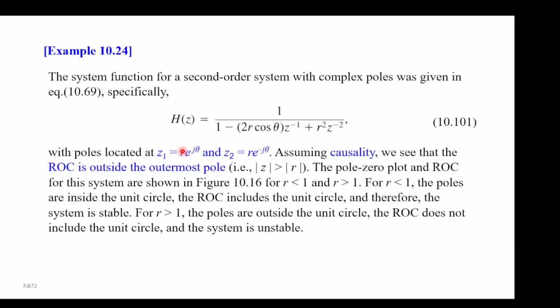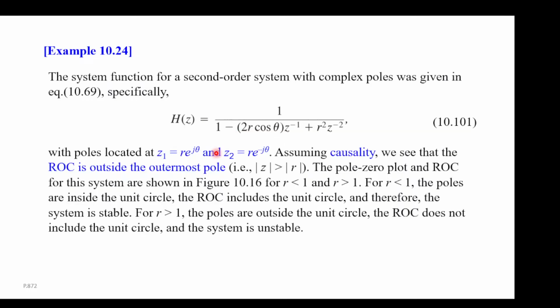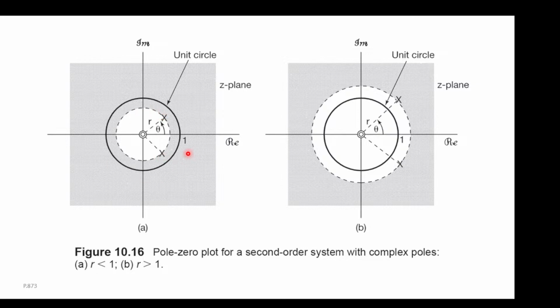So if it's causal, the ROC will be outside of radius r. And if we want it to also be stable, then we want r to be less than 1. Only when r is less than 1 does this ROC of bigger than radius r include the unit circle of radius equal to 1.